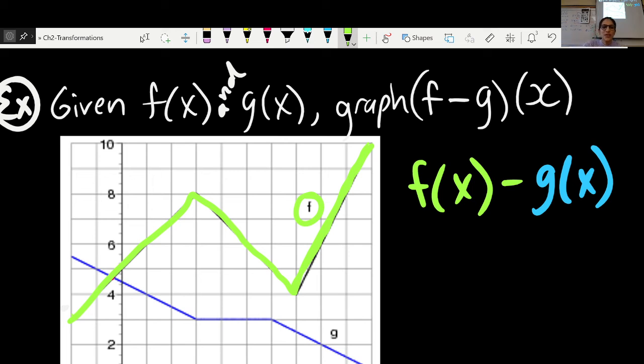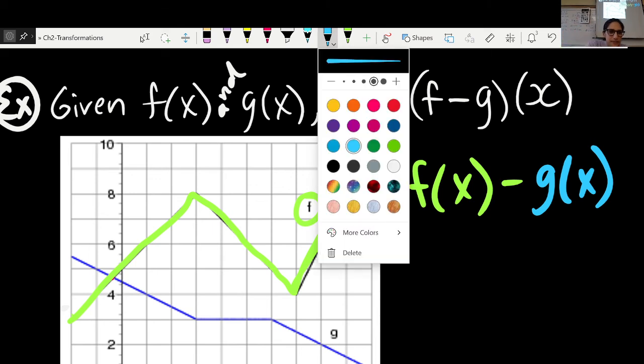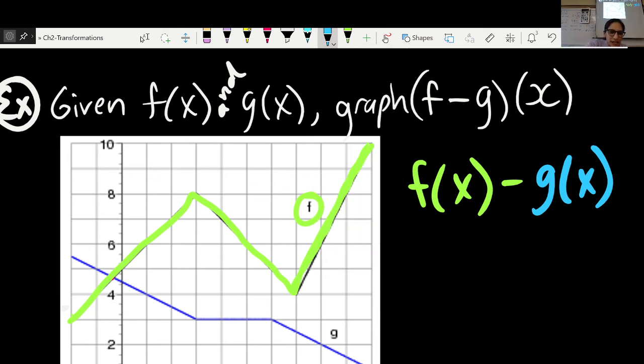Yeah, we basically just want to subtract the y values, right? So, my voice is going. This is odd. Let's say right here, f of x, what do you think that f of x value is? That looks like 3, right?